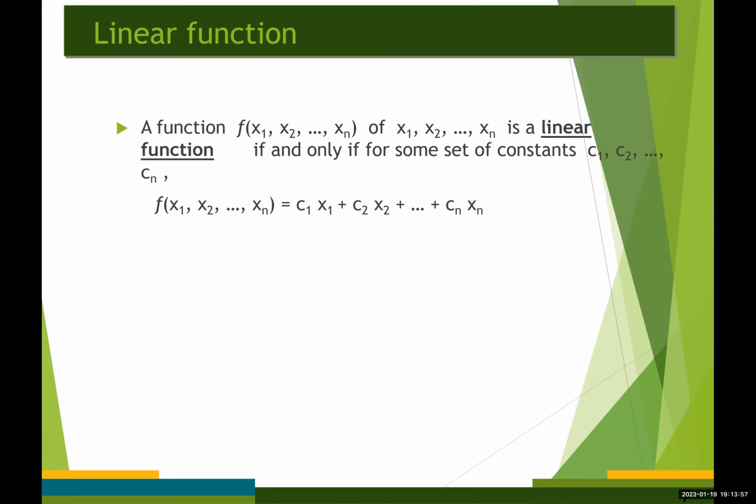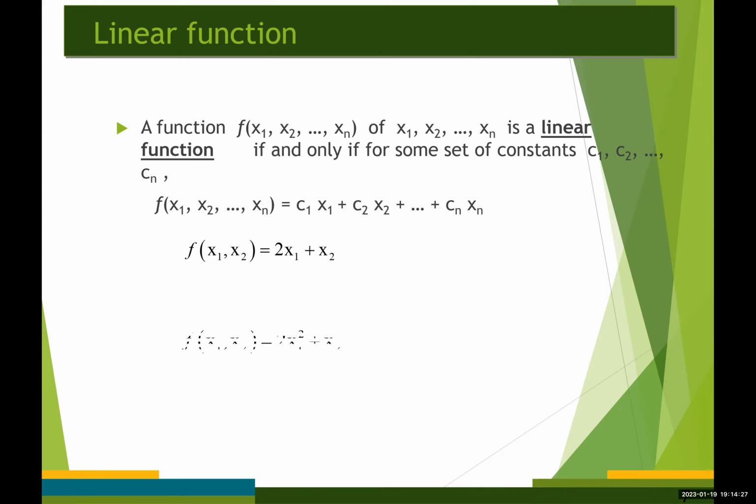And a function f(x) is a linear function for a set of constants if this relationship is satisfied, okay? So for example, f(x1, x2) = 2x1 + x2 is a linear function of x1 and x2.